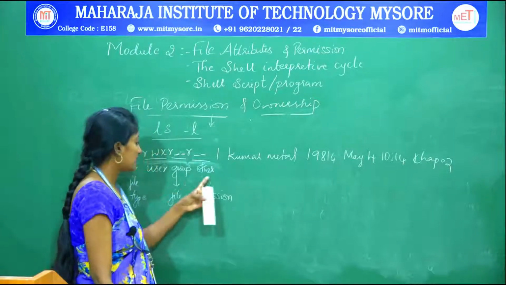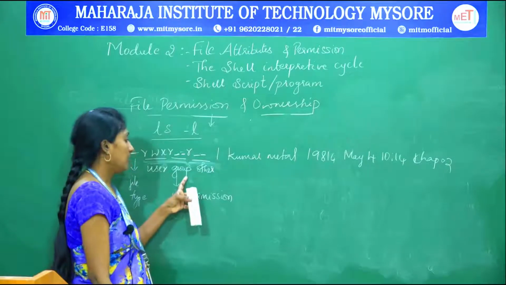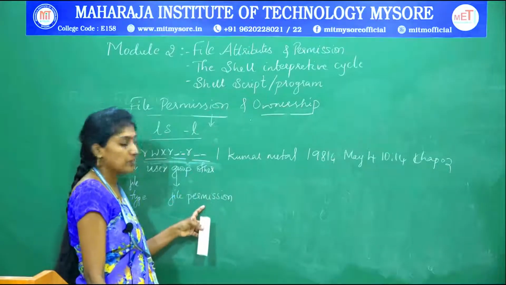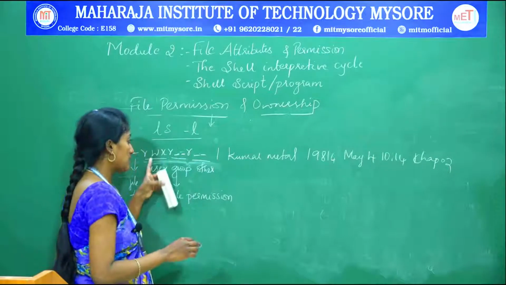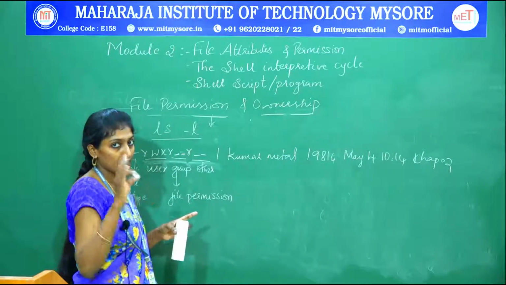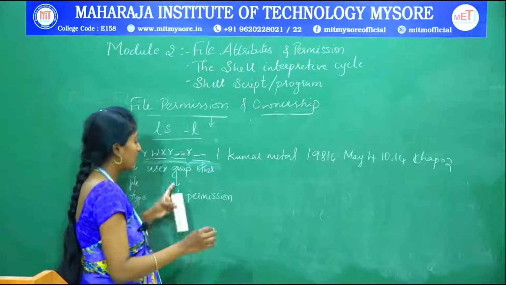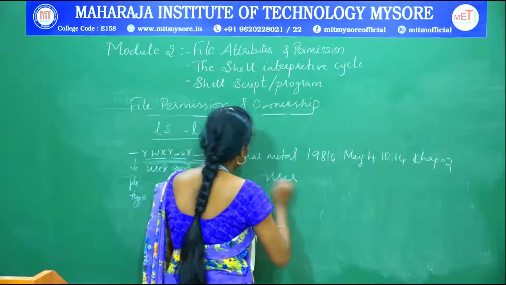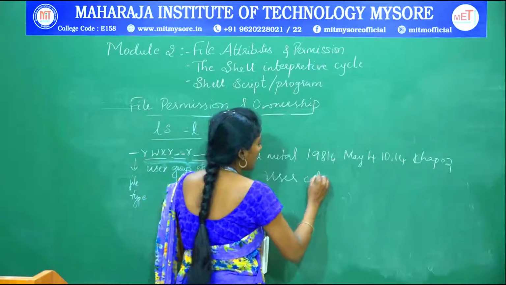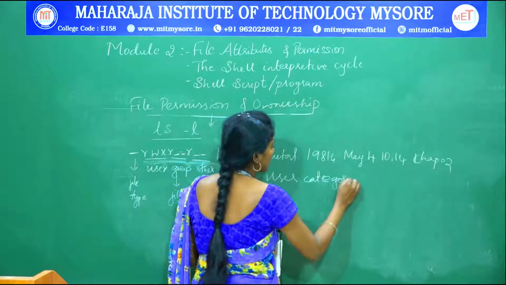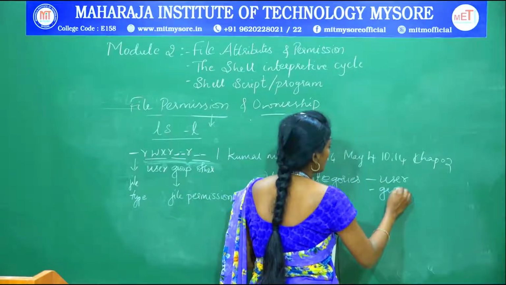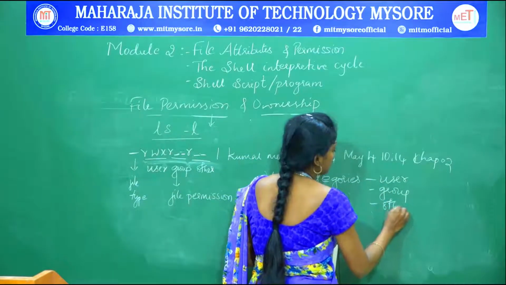Next, these 3 categories of users in the file permission are represented along with the 3 permissions of the file. In the file permission we first have the user categories: user, group and others.